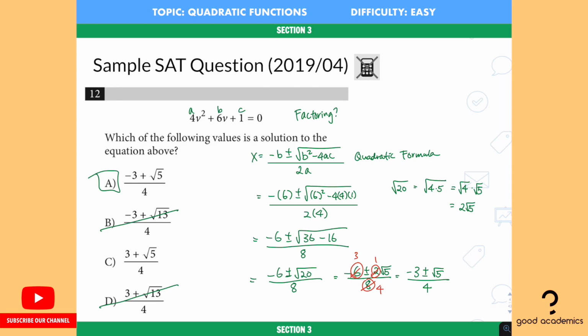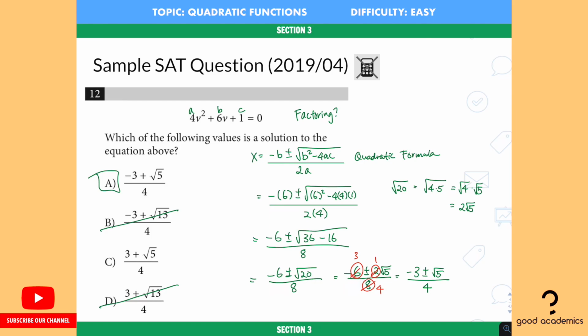So to recap, you need to know the quadratic formula. Now on the SAT, you are expected to know how to solve a quadratic equation by factoring, by quadratic formula, and you may also think about completing the square, although I would say it might be easier for you to just go ahead and use the quadratic formula to avoid mistakes.